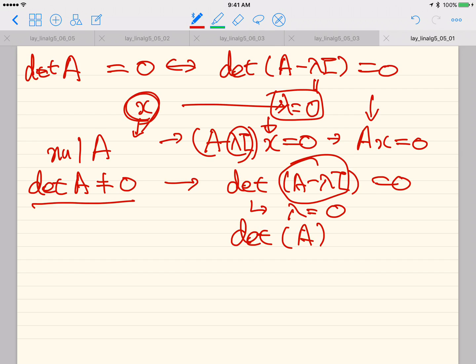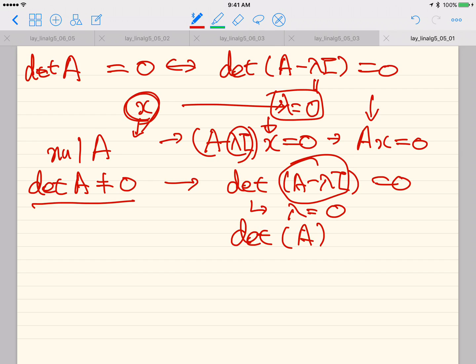So we can see an interesting property: if your matrix A is invertible, it will not have 0 as an eigenvalue. So it's always true. But if your matrix A is singular, then that matrix A will always have 0 as an eigenvalue.